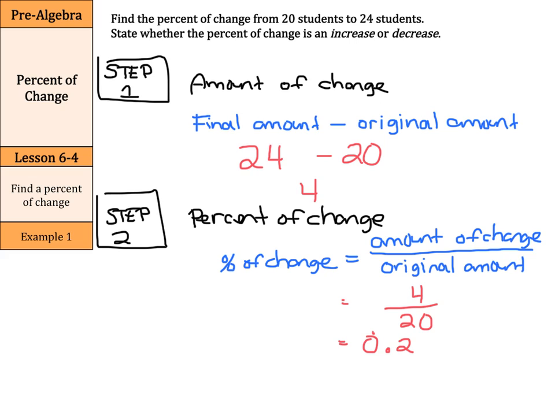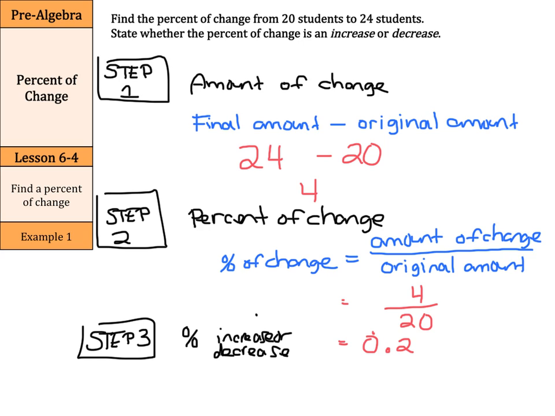Step 3 now is going to be to get this into a percent and ask ourselves increase or decrease. Our 2/10 as a percent, we're going to move the decimal over twice and identify this as 20%.